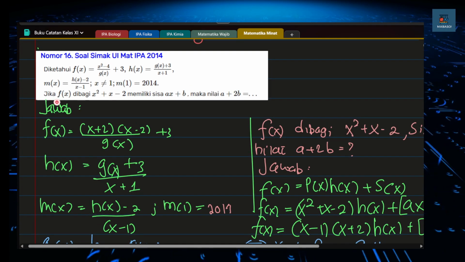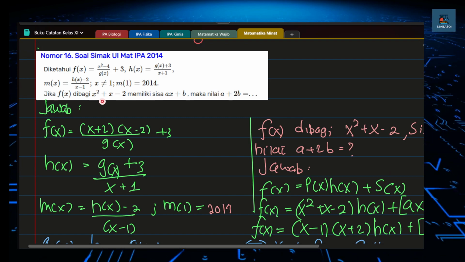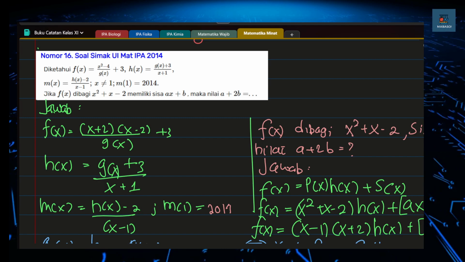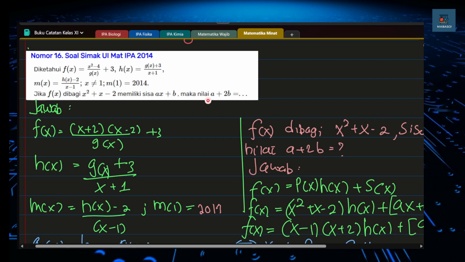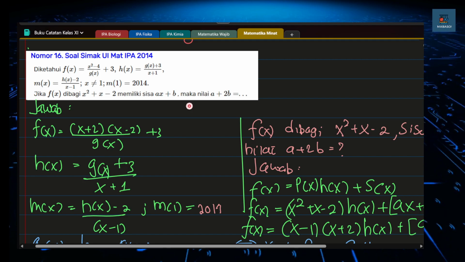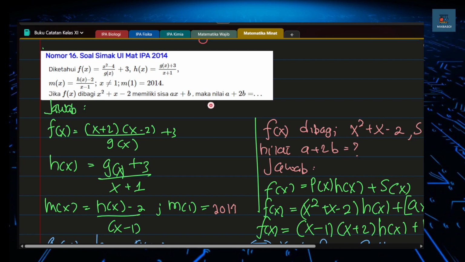Then we know that the polynomial f(x) divided by x squared plus x minus 2 has a remainder of ax plus b. The question asks for the value of a plus 2b.